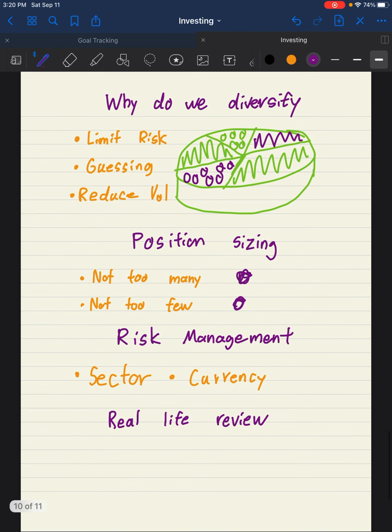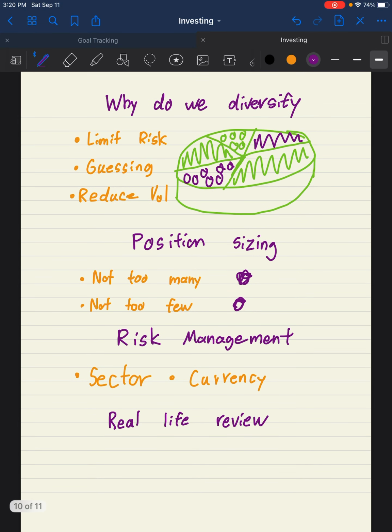So to start off, why do we diversify? We mainly diversify to limit risk. In a perfect world where we have perfect information, you would just put all your money into one thing, and you could even leverage yourself 50x, because it's a sure thing.